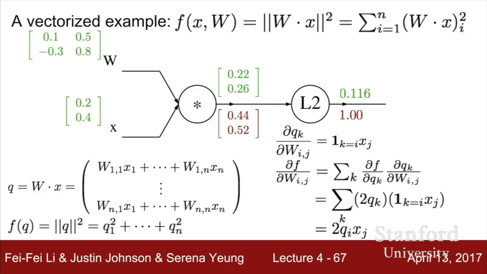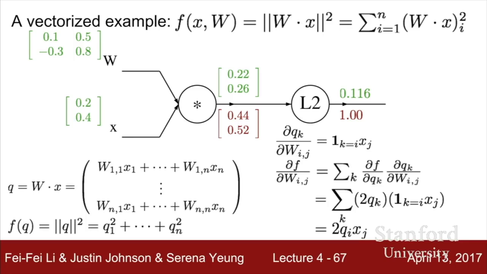Now if we want to find the gradient of f with respect to each Wij, looking at these derivatives, we can use the chain rule that we talked about earlier, where we basically compound df over dqk for each element of q with dqk over Wij for each element of Wij.